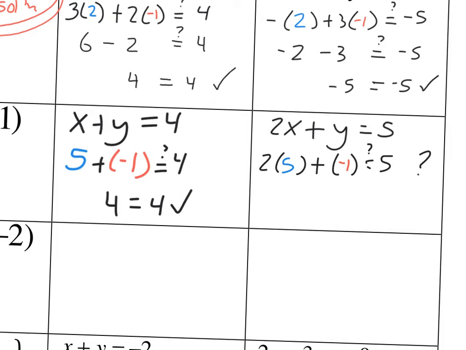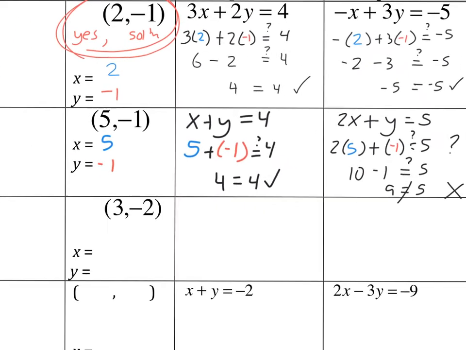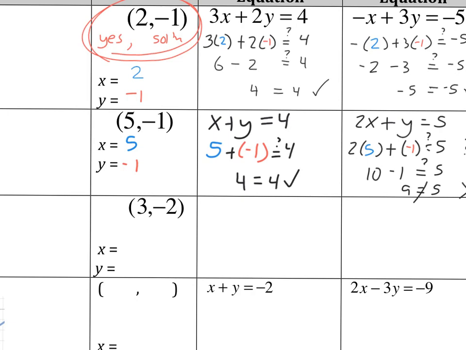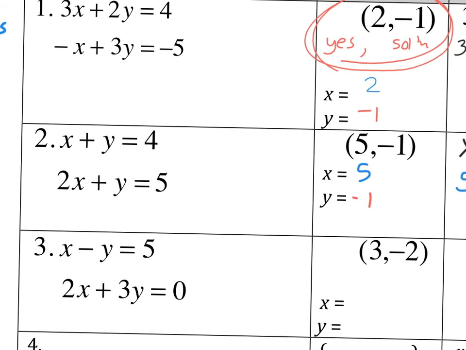All right, so now let's work through it. I get a 10 minus a 1 equals 5. And the answer, oh, wait a tick. This one's 9 equals 5. And that's not equal. And so we see we have a point that works for one, but not for the other. So is 5, -1 a solution to the system? And the answer is no. Not the solution.